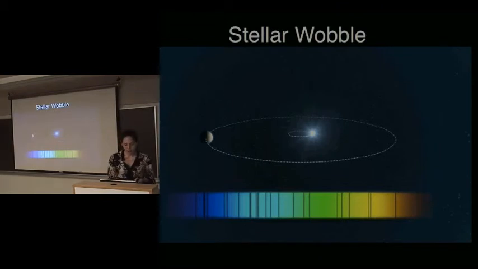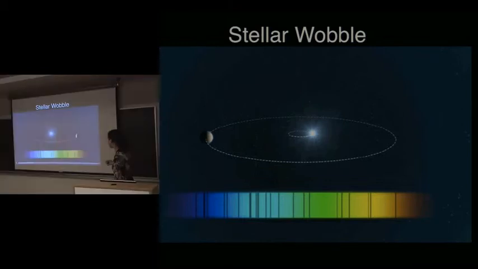So, by observing the dynamical effect of the planet's gravitational pull on the orbit of its host star, we can get a measure of the planet's mass through this radial velocity, or stellar wobble, technique.